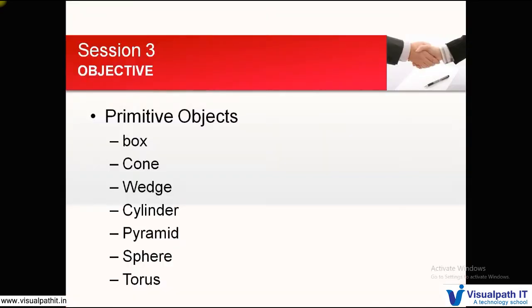In this session, we are going to see primitive objects and some of the modeling that can be done using them. Primitive objects are standard objects available in the world: box, cone, wedge, cylinder, pyramid, sphere and torus.